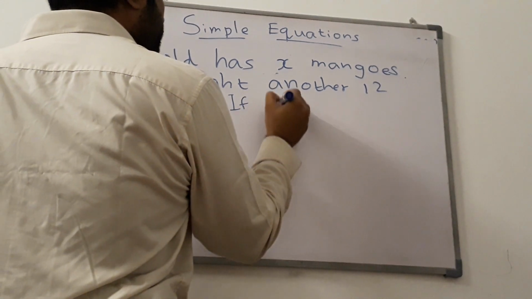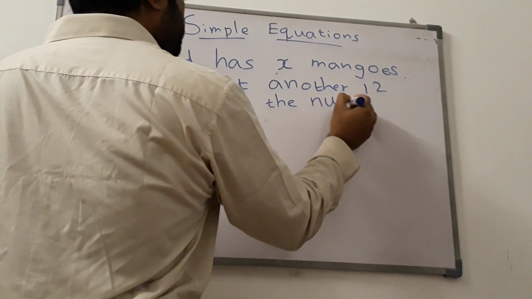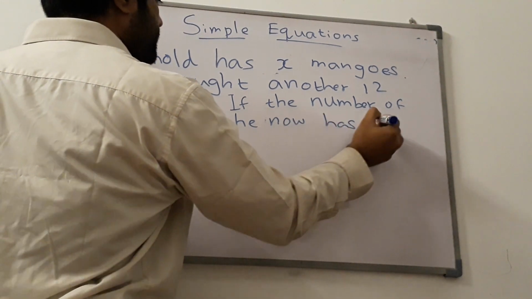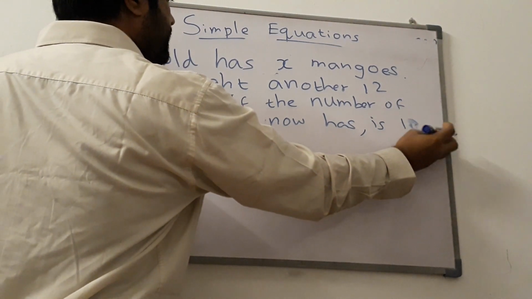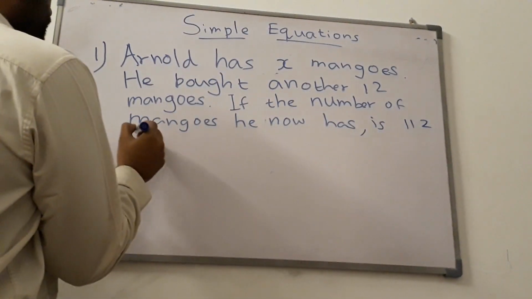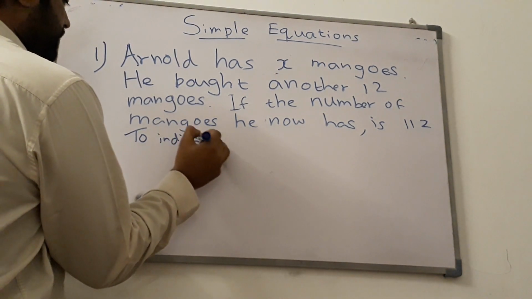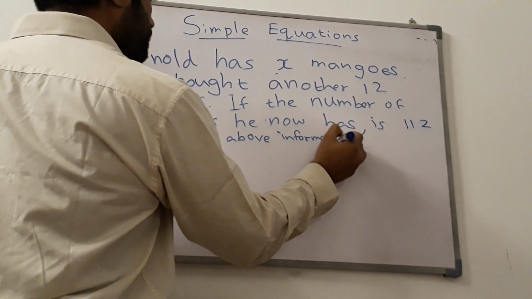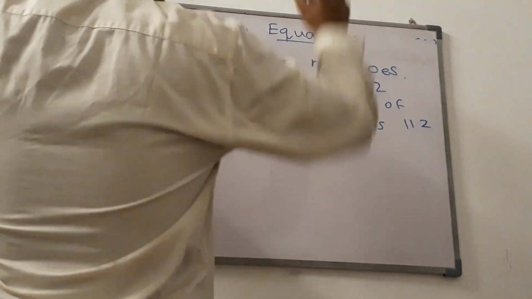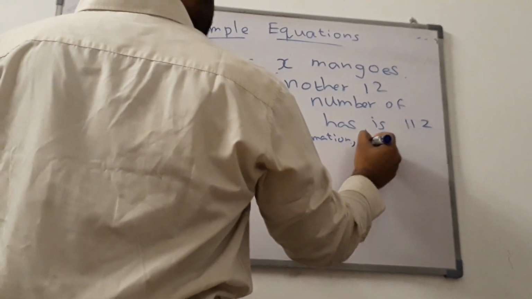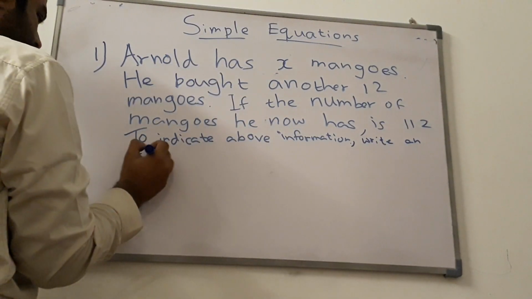If the number of mangoes he now has is 112, write an equation to indicate the above information.